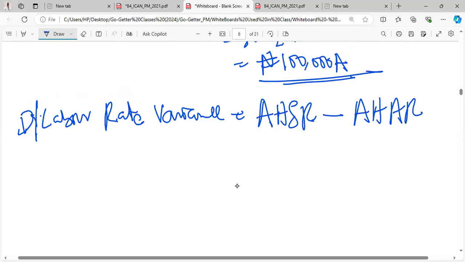We can still leave it like this, sort of breaking it down. Actual hours, let me give more room. Actual hours used is 4,200, right? That's the 4,200 hours. We could say, because the actual hours is common, what is the standard rate?